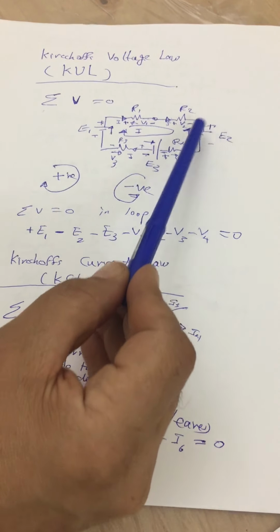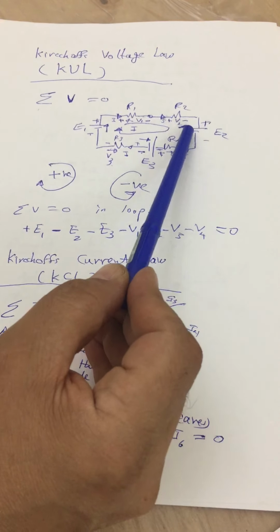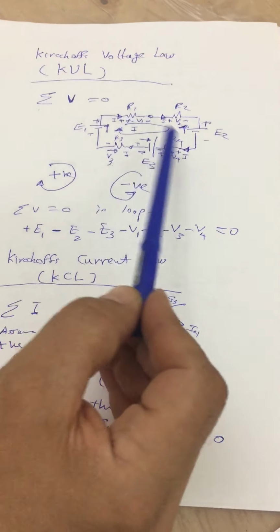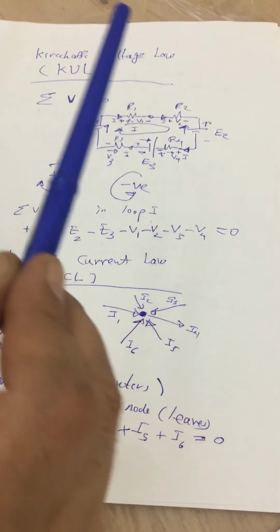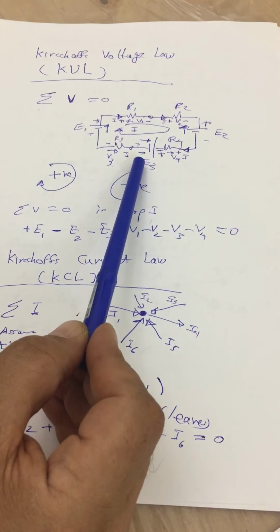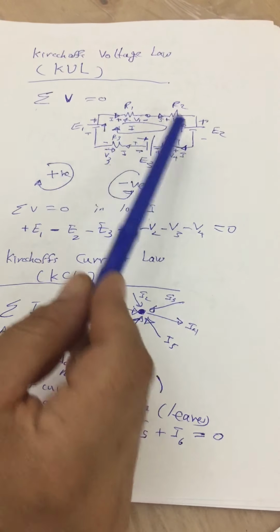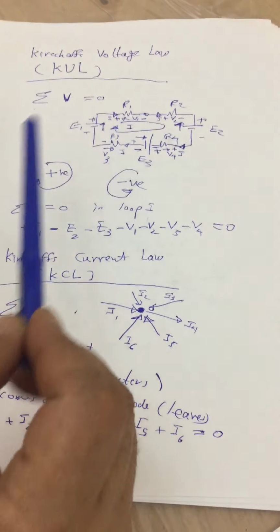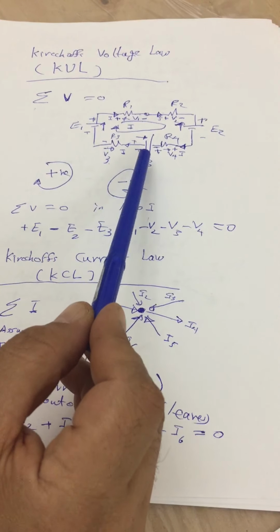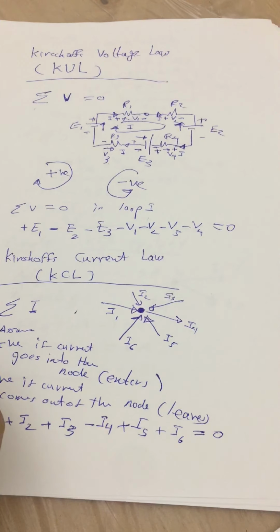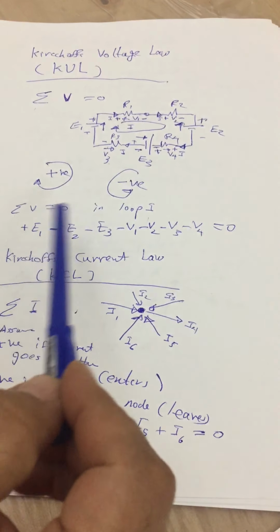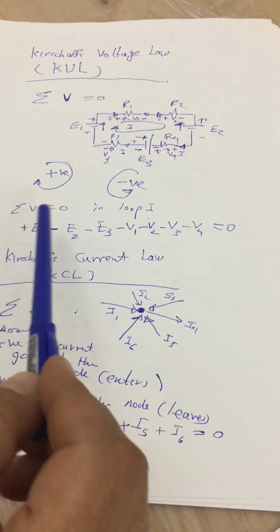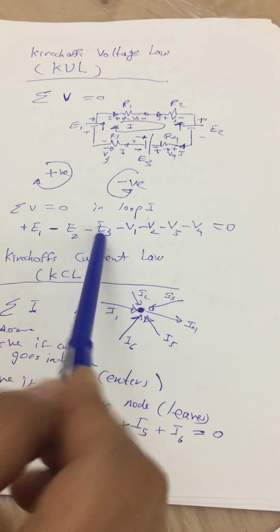This is minus, this is plus, so this is the direction of E2. It is in the opposite direction of the loop, so we assign a negative sign to it. Similarly, E3 has a sign opposite to the loop, so we also assign a negative sign to E3. When we add them, we get plus E1, minus E2, minus E3.